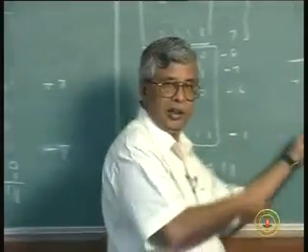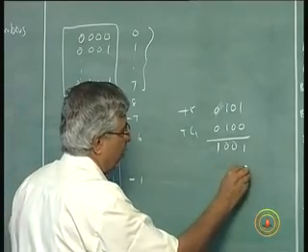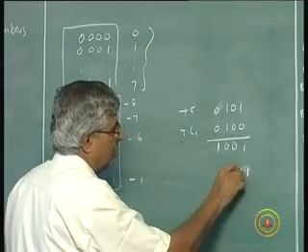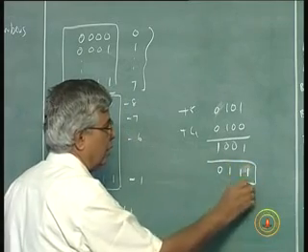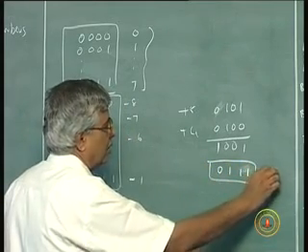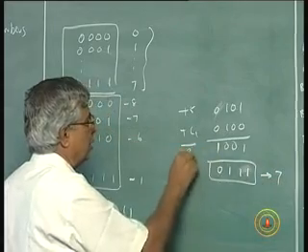So I start taking 2's complement of this, which will be 0, 1, 1, 1, and this is 7, which is wrong. But obviously this should have been 9.